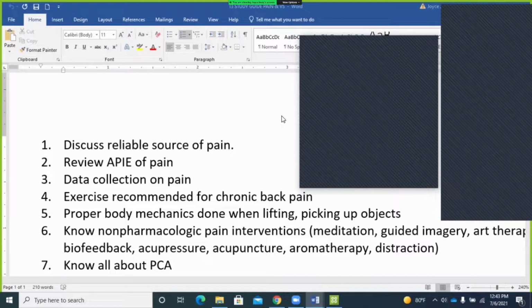Guys, please know your rationale why you're doing it. Rationale, okay? You'll need it in your NCLEX and in your exit. Any question with number 4? So anything that can strengthen your core muscles and doesn't put stress on your back.